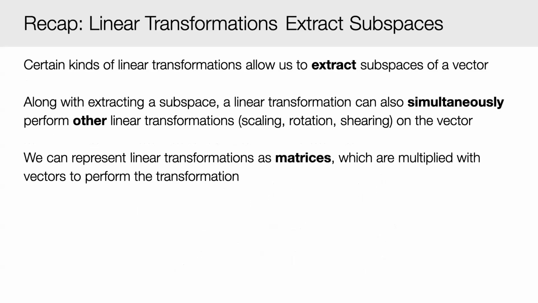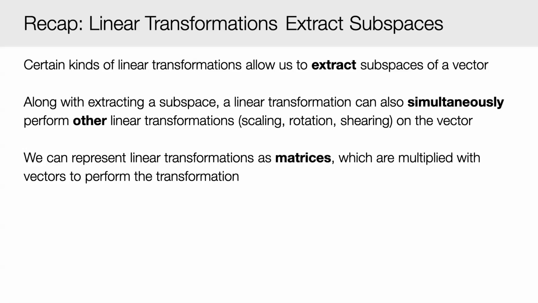Right. And then just a recap of the previous slides. Certain kinds of linear transformations which do dimensionality reduction allow us to extract subspaces of a vector. And once again, the nuance: along with extracting a subspace, a linear transformation can simultaneously do other kinds of linear transformations on the vector too.